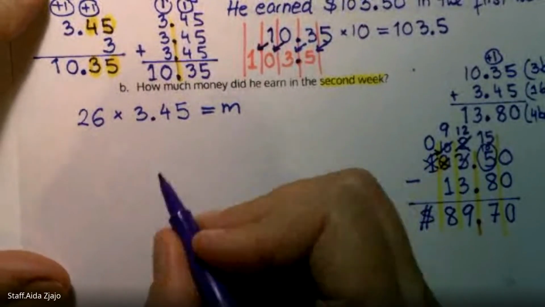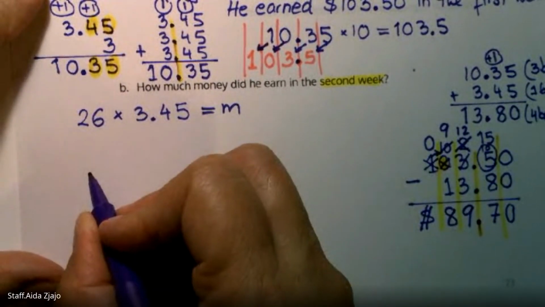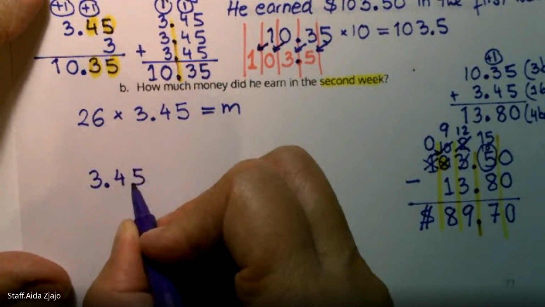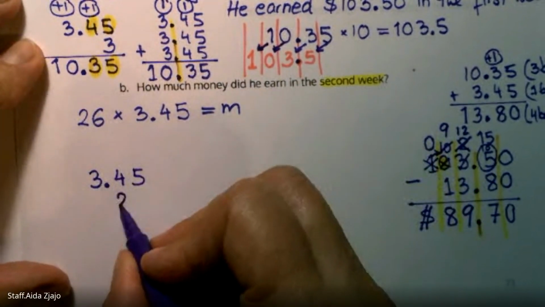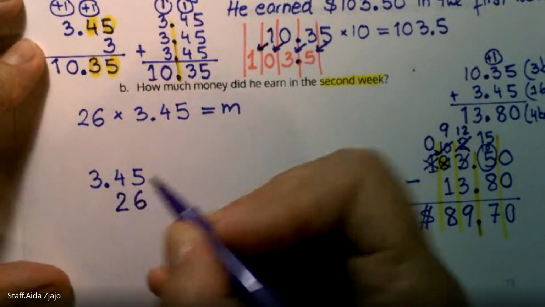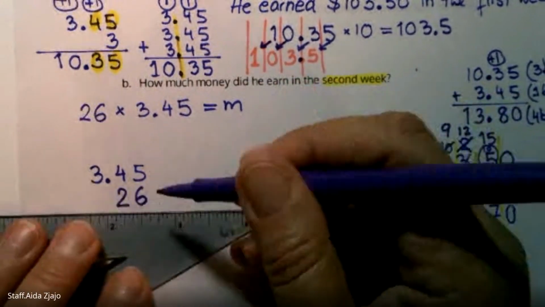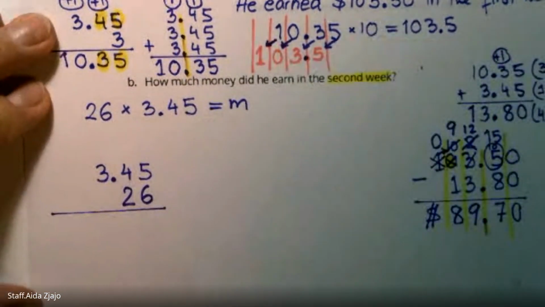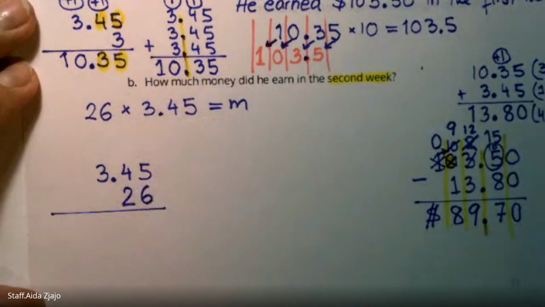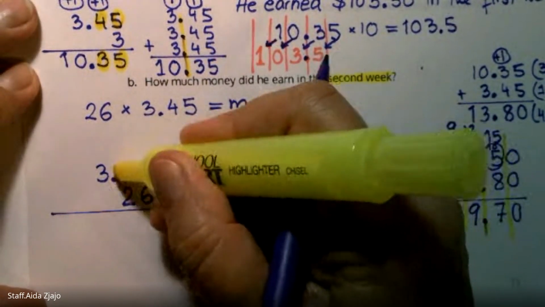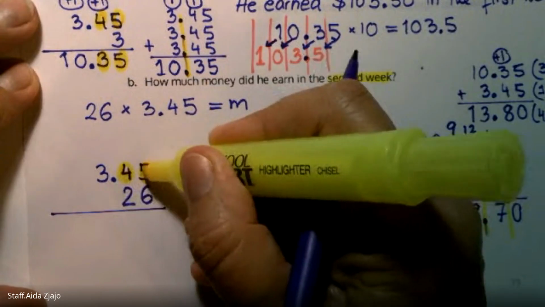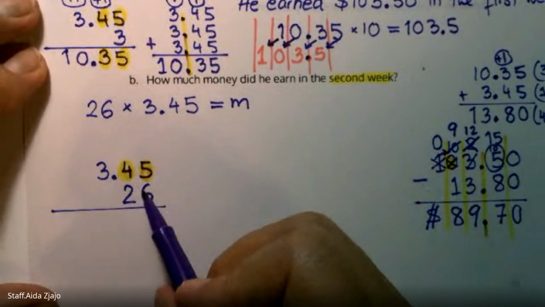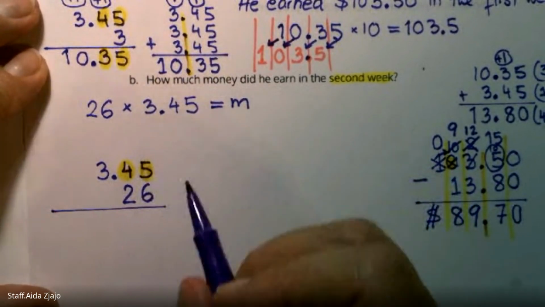Okay, so let's do 3 and 45 hundredths times 26, and we're going to use the standard algorithm. So we're going to pretend these are just hundredths. So in our answer, we're going to have hundredths because 26 does not have a decimal. It's a whole number, so we don't count that.